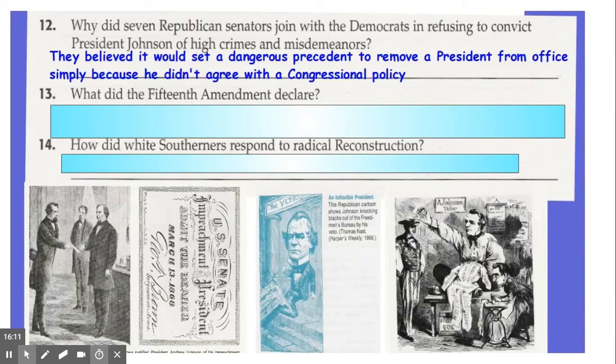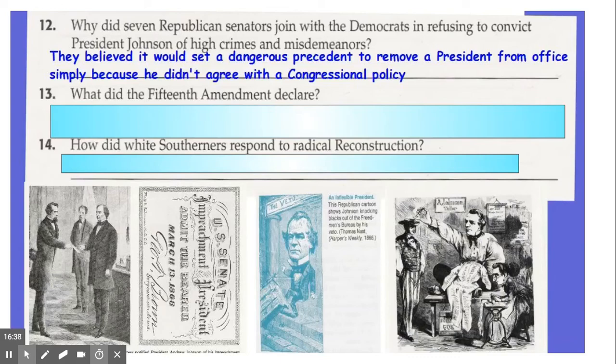And it basically said that the president, for the most part, if he wanted to fire somebody, he had to get Senate approval to remove members of his cabinet or any government official. And that would basically mean that he would have to have the support of Congress. And for the most part, he didn't, because he was a Democrat and Congress, for the most part, were Republicans.